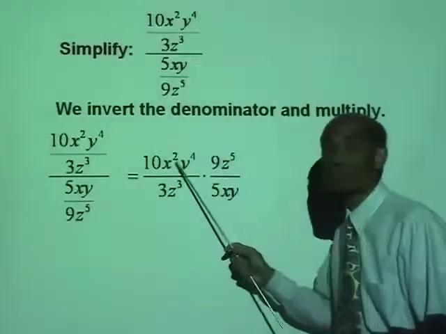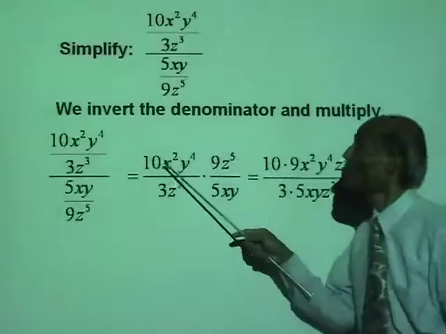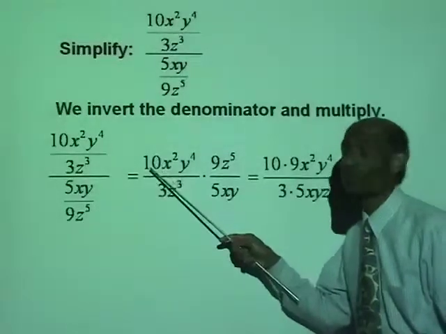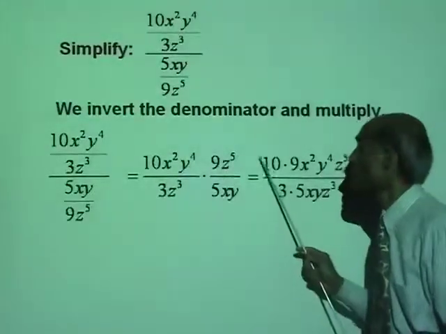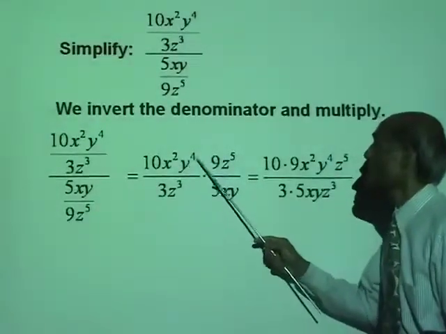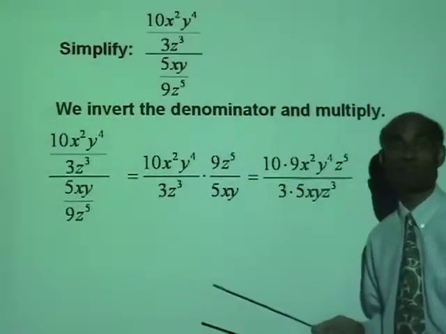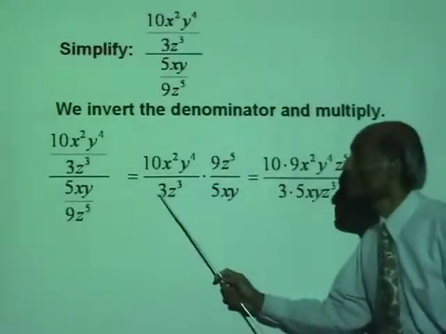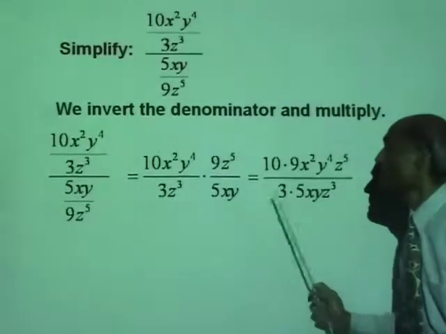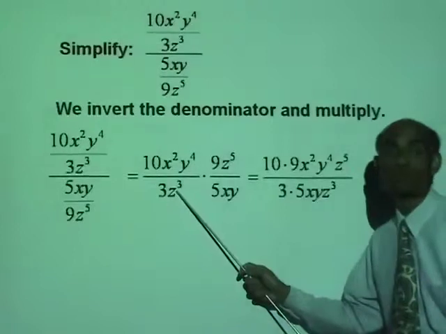Multiply the numerators and then multiply the denominators. Now, how do we multiply the numerators? Look at this. 10 multiplied by 9 times x squared times y to the 4 times z to the power of 5, all over 3 multiplied by 5 times xy times z cubed.